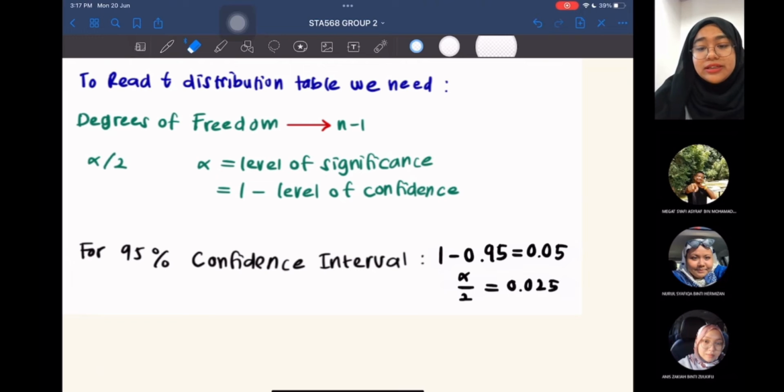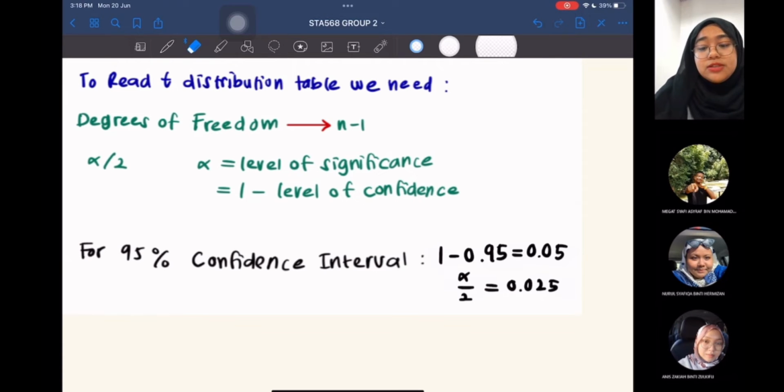Based on the information that is used to calculate s, the sample standard deviation, for the types of examples we'll be doing in this discussion, the degrees of freedom will be given as n minus 1. Next, we need to divide alpha by 2, where alpha is the level of significance.